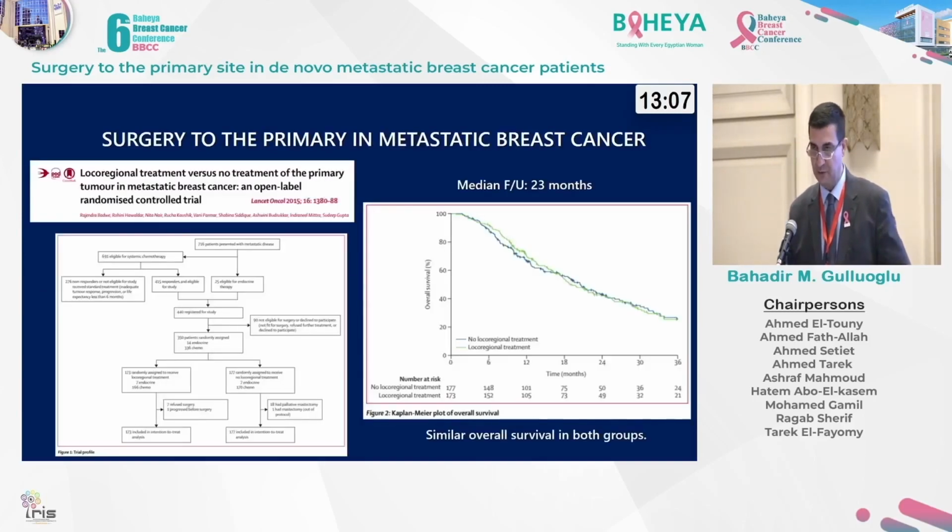So, starting from the first study in India, this is a study from Rajendra Badwe from Mumbai, reported back in 2015 with only a very short follow-up of 23 months. They started with a systemic treatment, and if the patient had a good response, they randomized to the surgery or not. But at the end, they didn't find any survival advantage when they did the surgery in these patients.